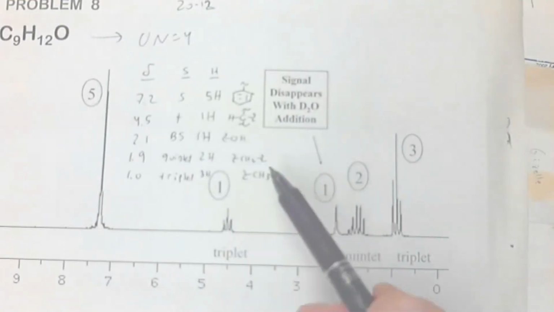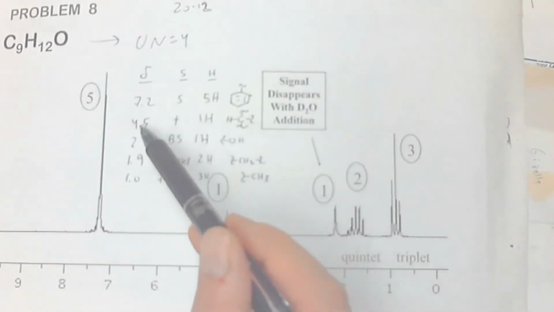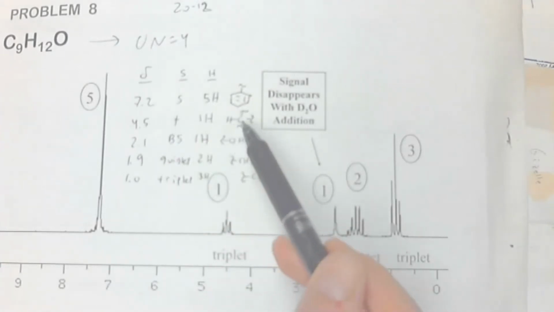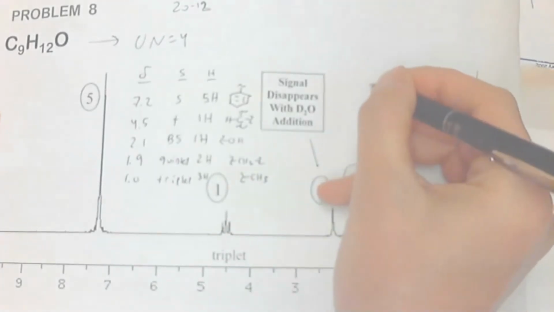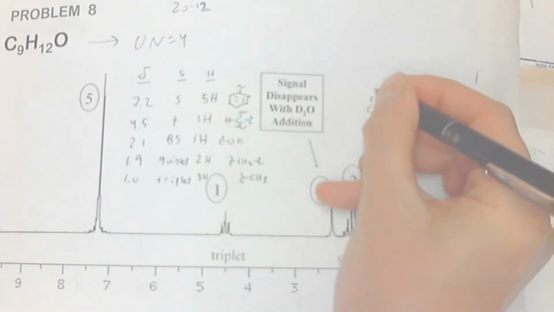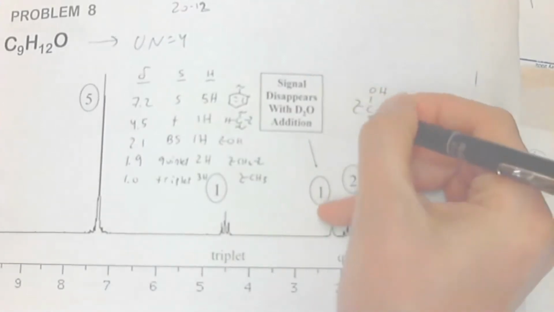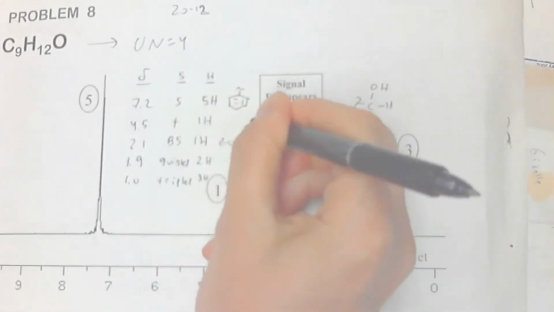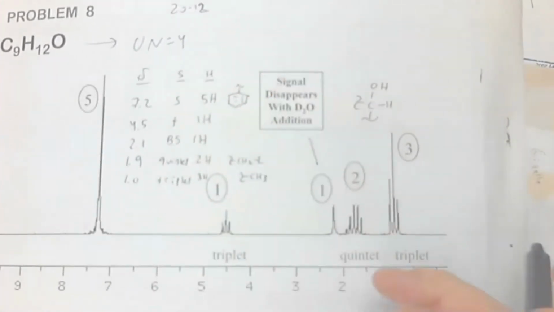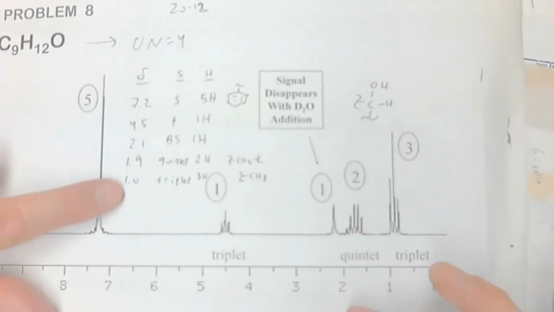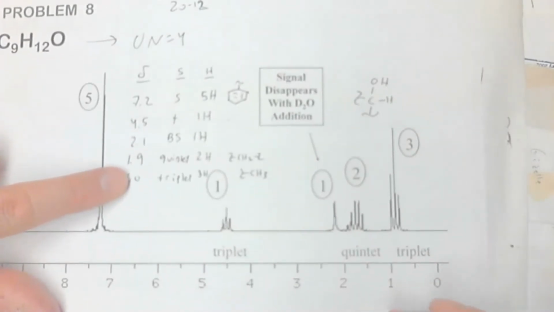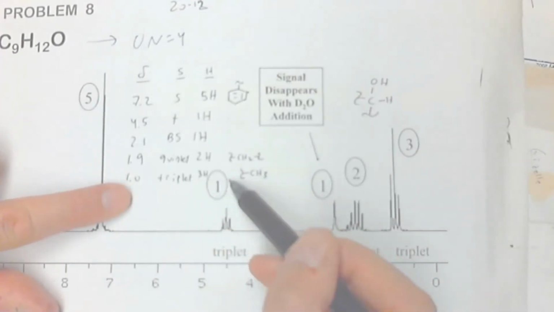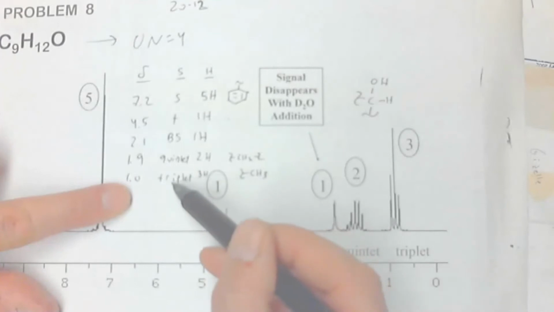Okay, let's see, to save time. The 4.5, the CH is probably next to the oxygen, right? So I'm gonna draw that over here. Okay. And then also maybe the CH3 triplet must be next to the what?